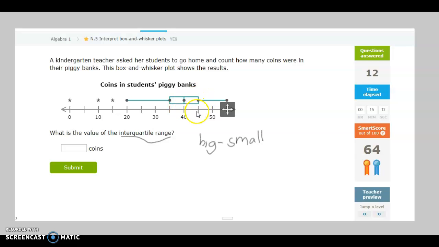So the biggest number in my box here, if I find what they're counting by, this is at 45. So my biggest number is 45, minus my smallest, which is 35. So my interquartile range would be 10.